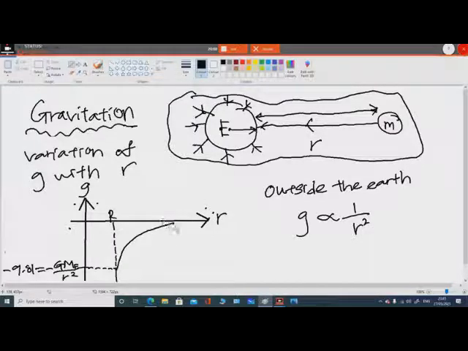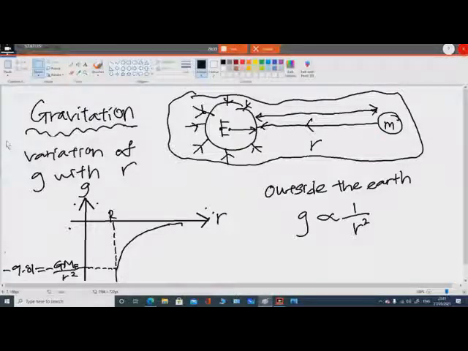This is how we represent the variation of the gravitational field strength with the distance between two objects. This is our curve here, and this is how we determine the relation between g and r.